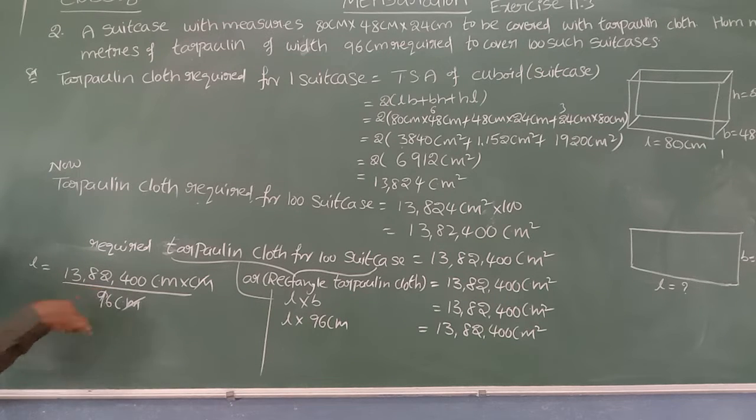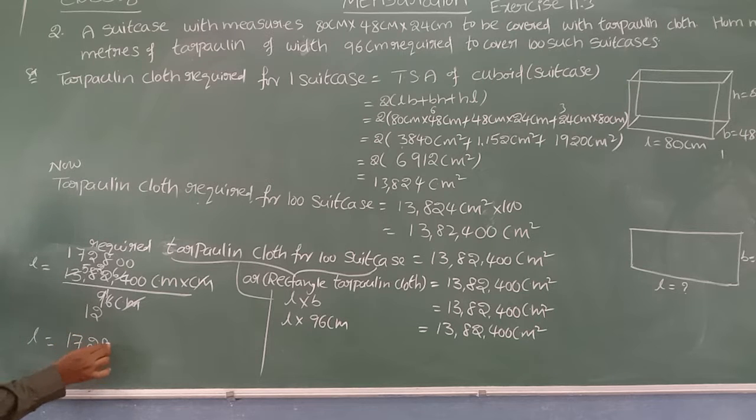We'll cancel with 8. 8 ones are 8, 1 left. 8 twos are 16. 8 ones are 8, 2 threes are 5, 5 left 58, 8 sevens are 56, 2 left, 8 twos are 16, 4 to 6 left, 8 eights are 64, 2 zeros there. Now let us write length is equal to 1728 double zero by 12 centimeters.